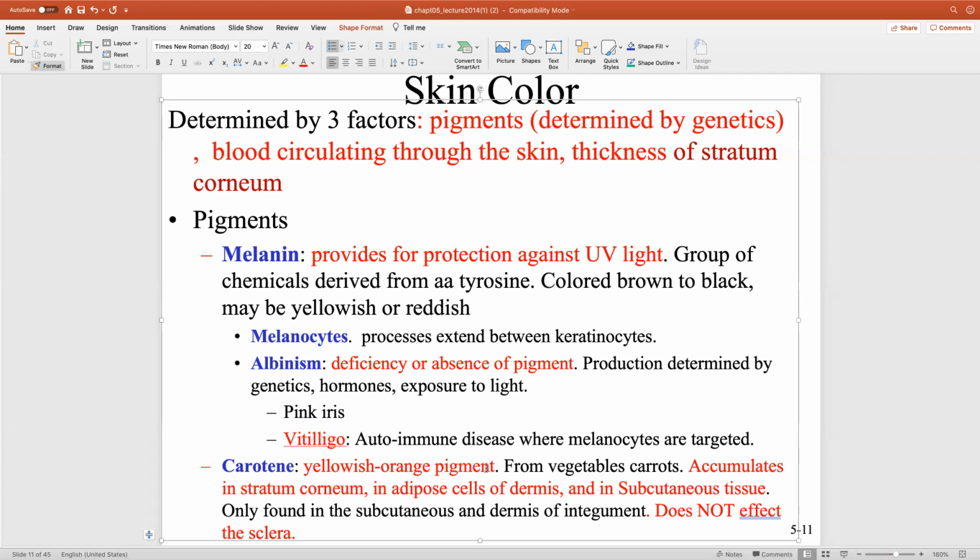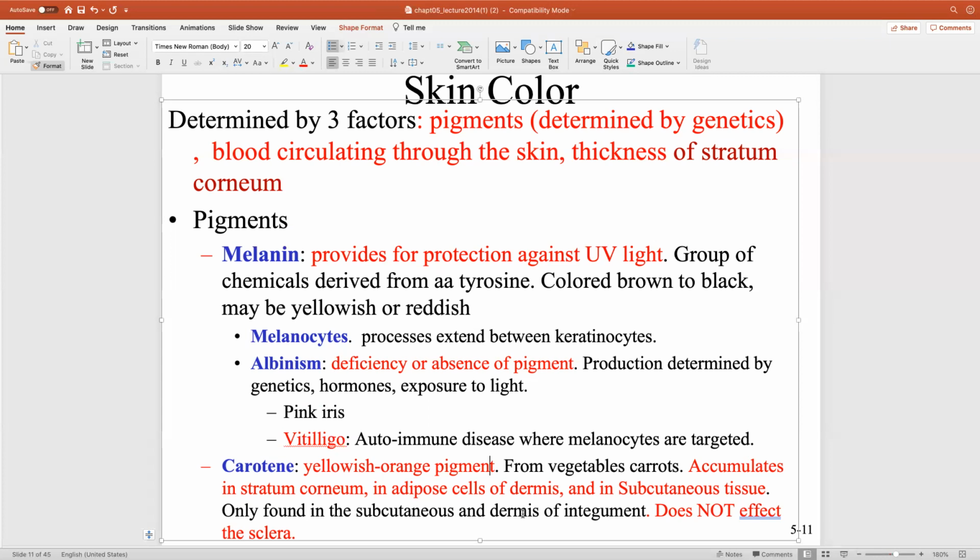For some reason, it usually starts in the fingers, on the palms. And as you lose those melanocytes, you lose the ability to protect your skin from ultraviolet radiation. It doesn't happen all at once. It happens in spots. So there are regions where it's lighter in coloration than other regions.